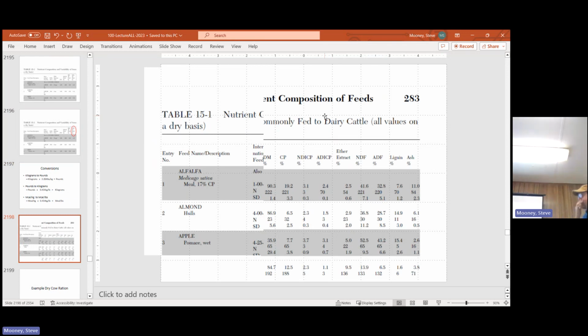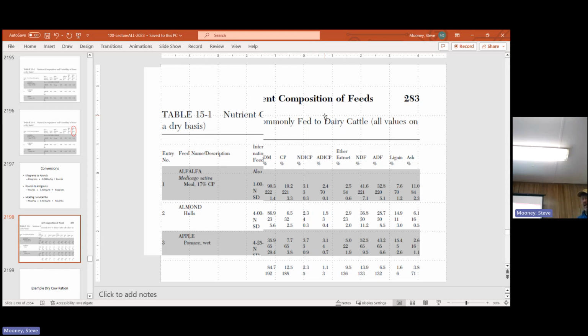What else is in each of these rows? You've got dry matter percent, crude protein percent, neutral detergent insoluble crude protein percent, acid detergent insoluble crude protein percent. So how much nitrogen is for crude protein? Nitrogen times 6.25 is in the NDF.